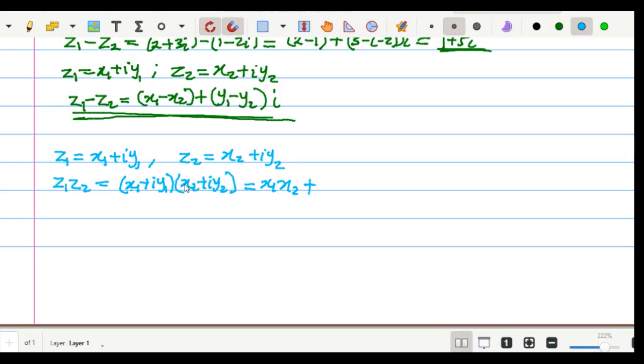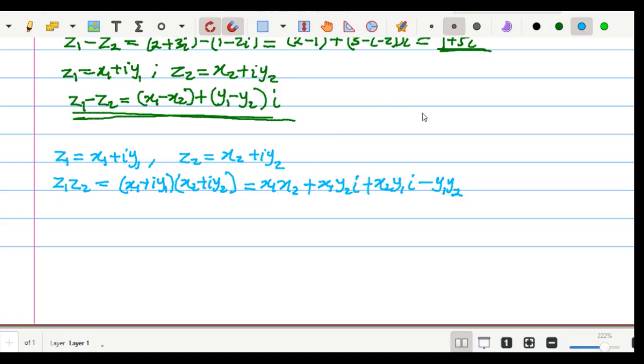So we'll multiply this by this, we're going to have x1 y2 i, plus now multiply this by this, you have x2 y1 i, plus multiplying iy1 and iy2, we're going to have minus y1 y2.